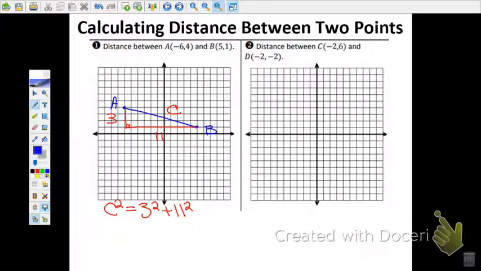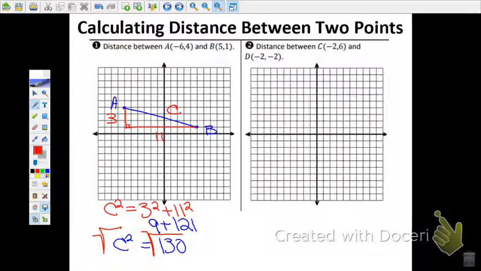Then do the math. 3 squared is 9. 11 squared is 121. 121 plus 9 is 130. So C squared is 130. I want to undo that, so I take the square root of both sides. Is 130 a perfect square? No. So we need to simplify it.